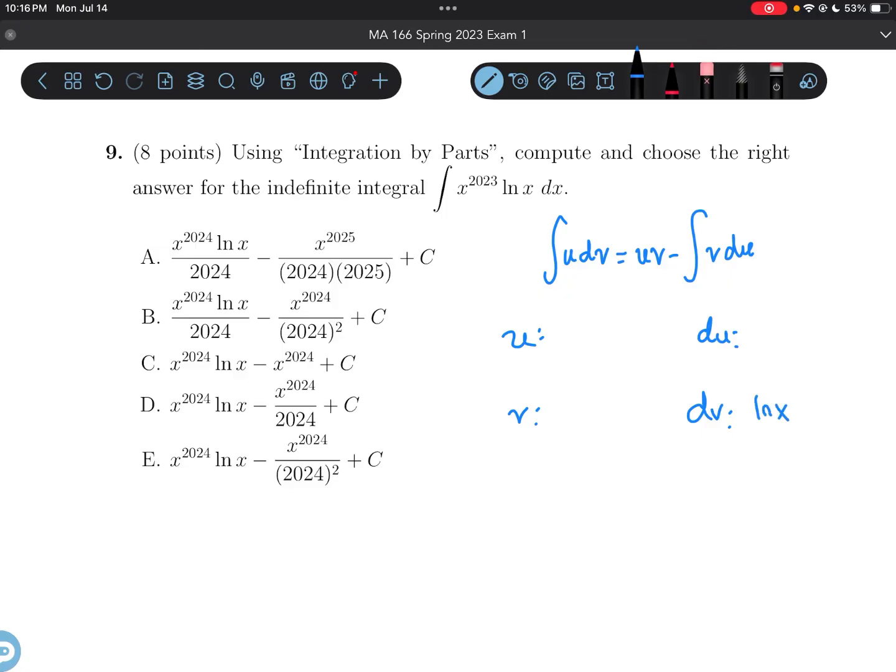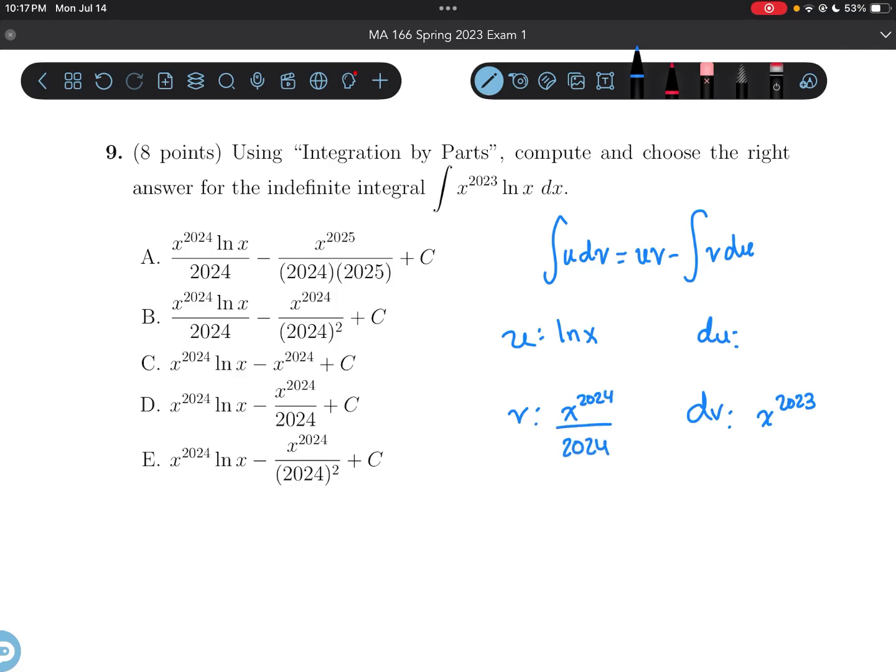Now what happens is, to solve for v, I need to find the antiderivative of natural log of x, and that is not easy. So that's why we make u equal to natural log of x. That means that dv has to be x to the power of 2023. And the antiderivative of x to the power of 2023 is easy. We just need to use the reverse power rule.